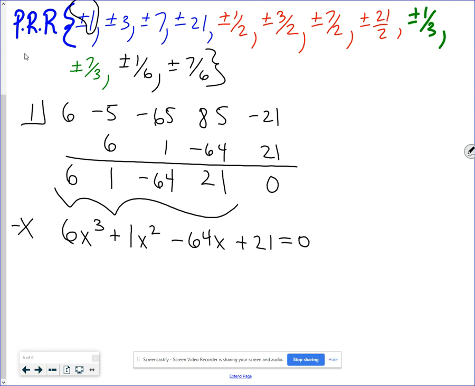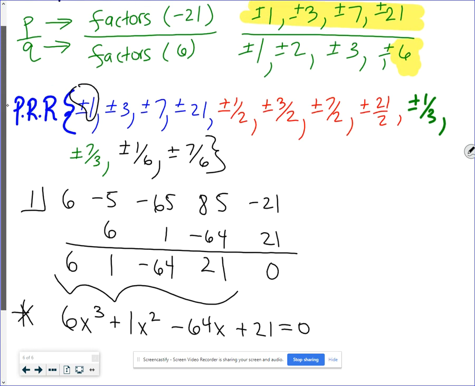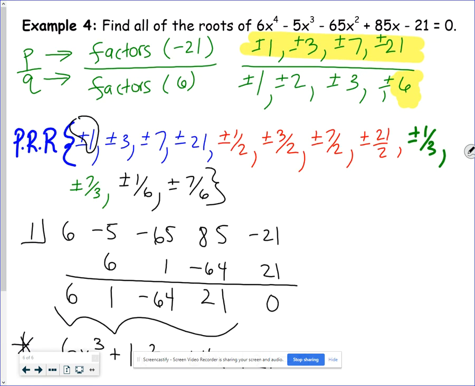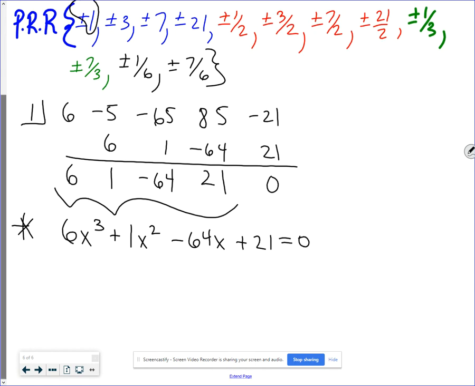Sometimes when you do this step, you can eliminate some of those possible rational roots. But if you look at our original equation, it starts with a 6 and ends with a 21. Our new equation that we just found, our cubic equation, still has a 6 up front and 21 on the end.